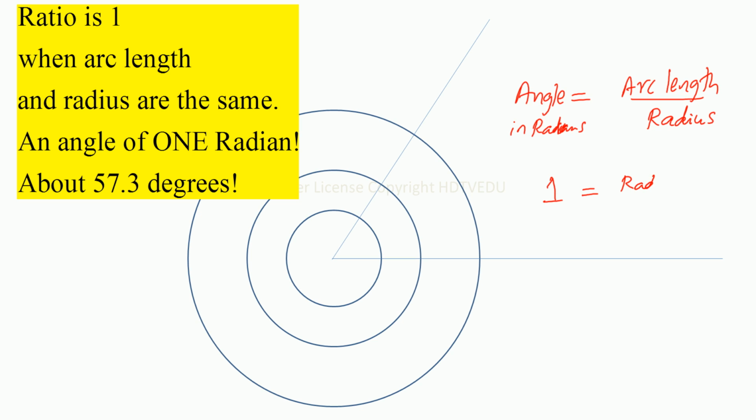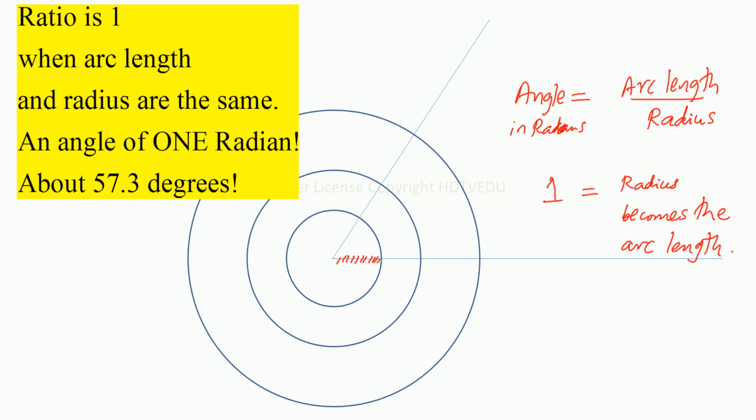So radius becomes the arc length. So when the radius becomes the arc length, that is when we say we have 1 radian. So this is our radius, right? That is our radius.